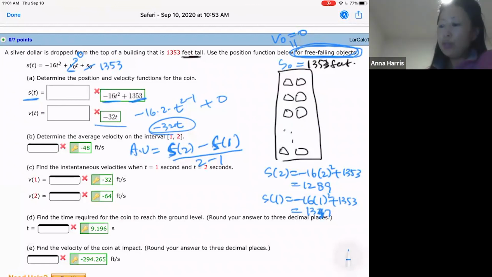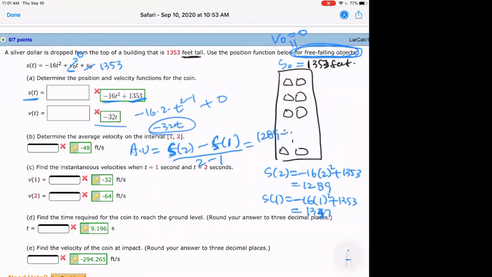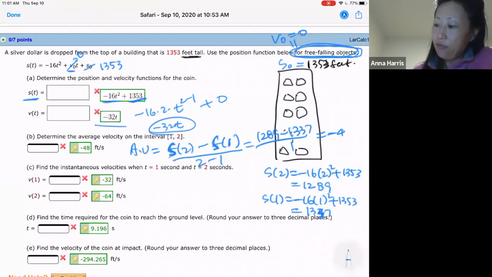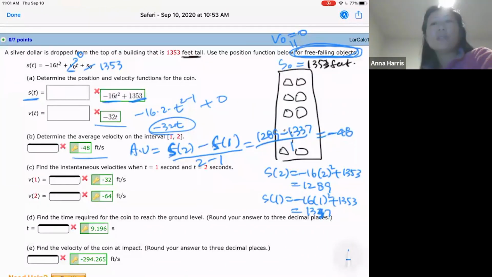Okay, so when you do that, S sub 1 gives you 1287... so the answer is negative 48. So that's why this is negative 48 per second. Okay, we got that done.